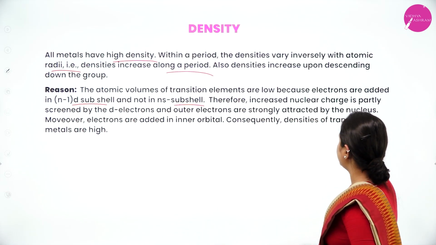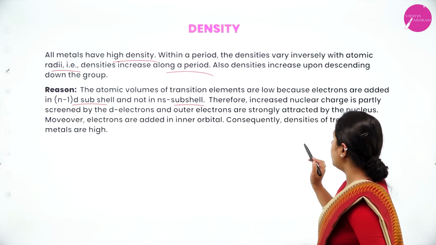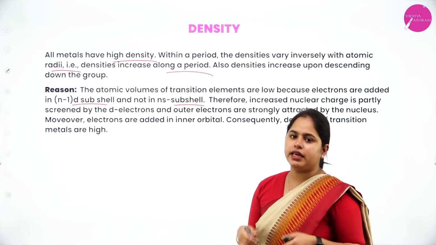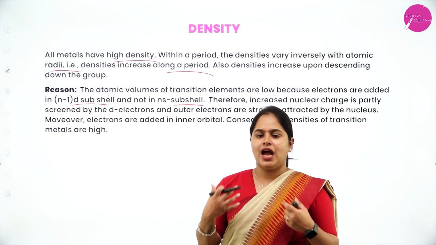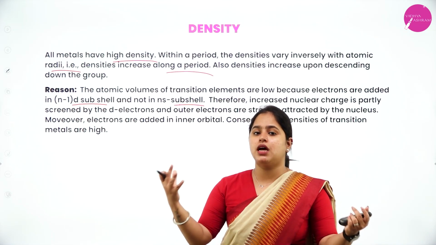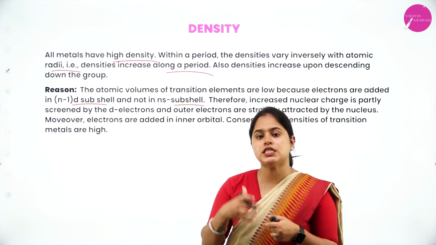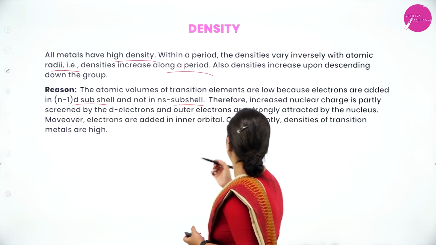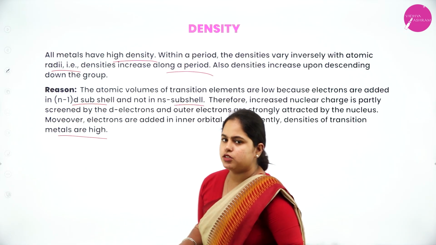Therefore, increased nuclear charge is partly screened by the d electrons and outer electrons are strongly attracted by the nucleus. The shielding effect of these inner d electrons will be less, so the attraction will be more. When the attraction is more, the atomic radii will decrease. When the atomic radii is decreasing, the density will increase. Consequently, the densities of transition metals are generally high. I hope it is clear.